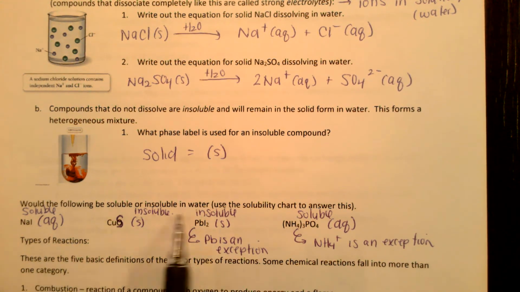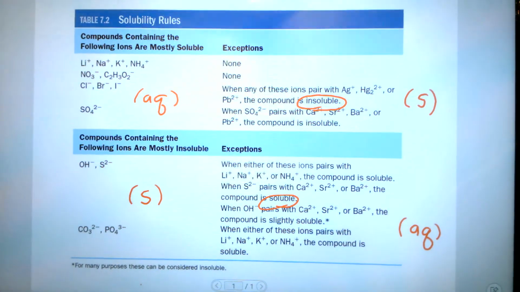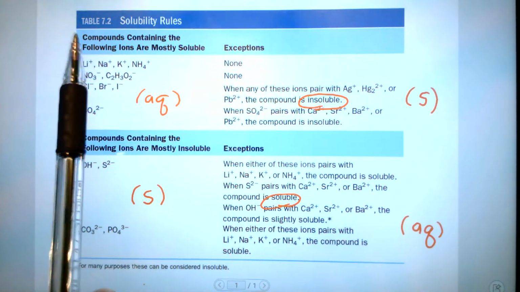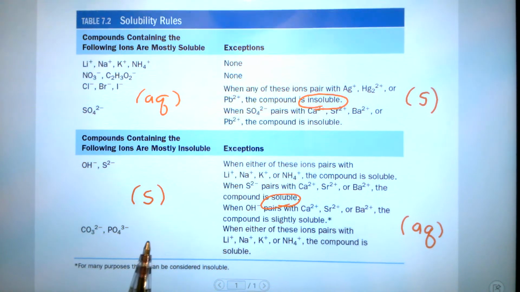So for something like this, to know if it's soluble or insoluble, that's not something that's generally inherent. So you will want to, in this chapter, anytime it talks about solubility and solubility rules, refer to table 7.2 in the text. And this can also be found in your module.